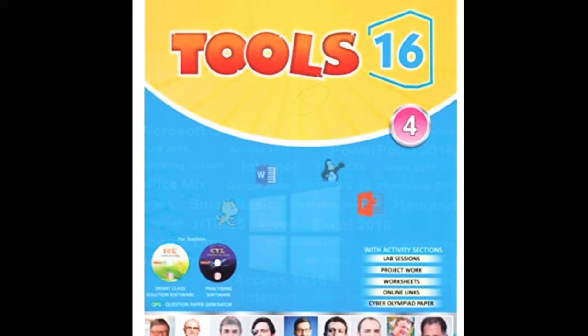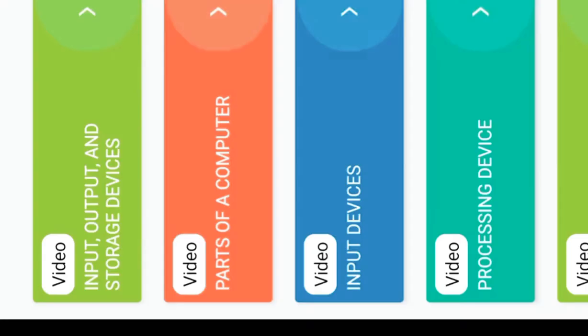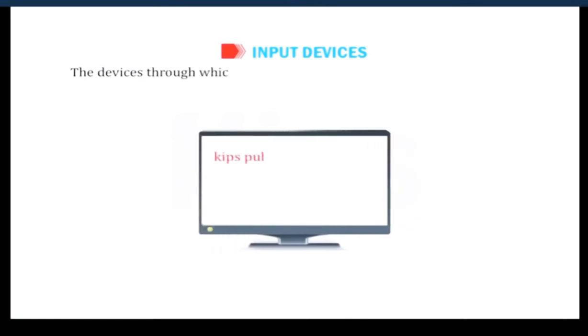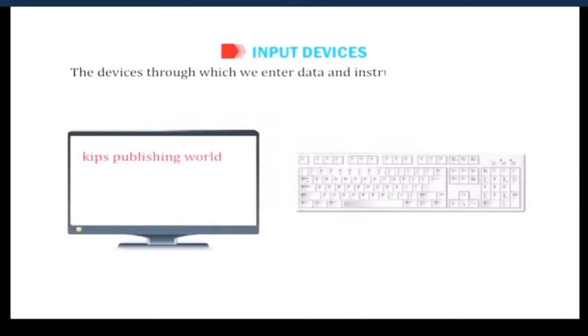I will teach you computer of grade 4. This is part 2 video for chapter 1, input, output, and storage devices. Okay, students, today we will discuss input devices. The devices through which we enter data and instructions are called input devices. The most commonly used input device is the keyboard.